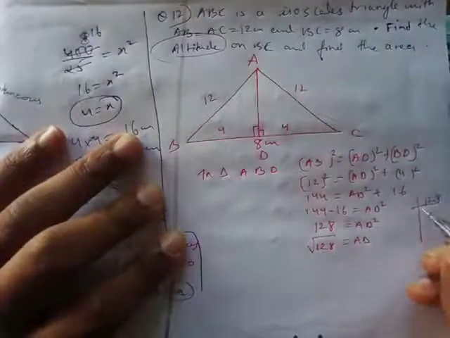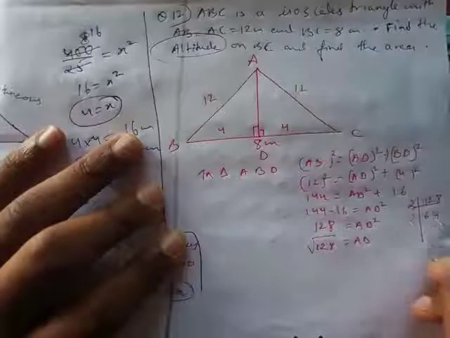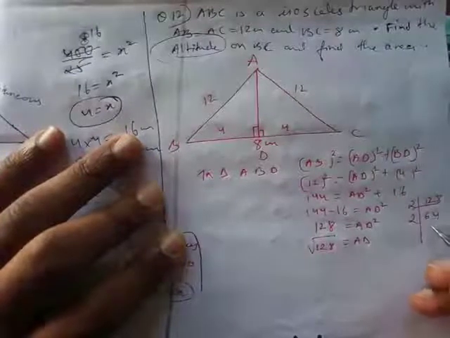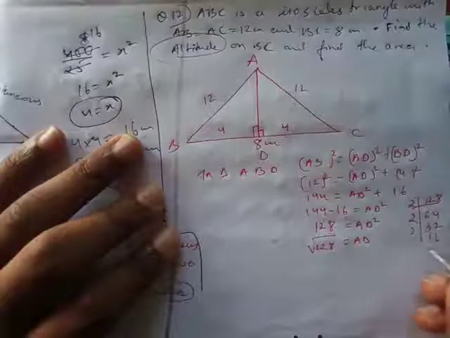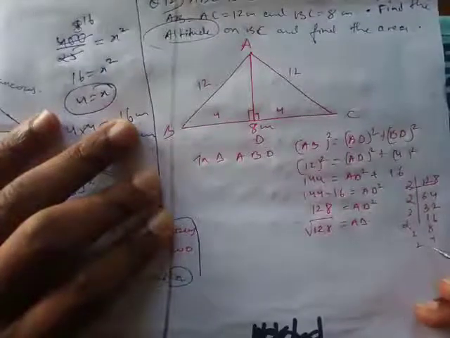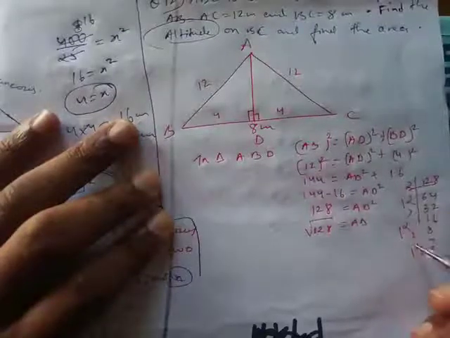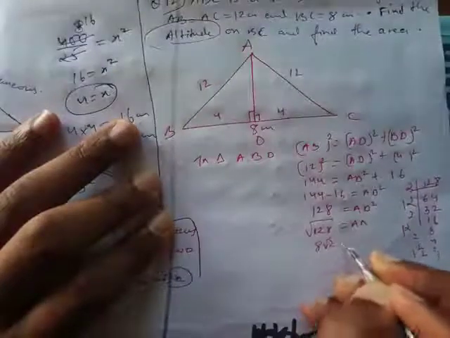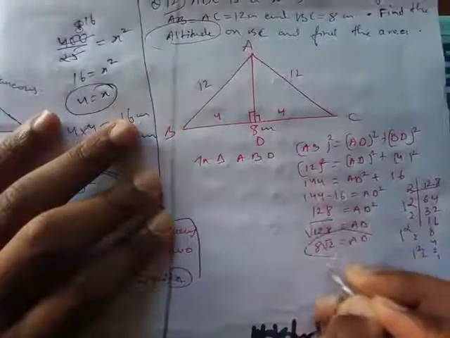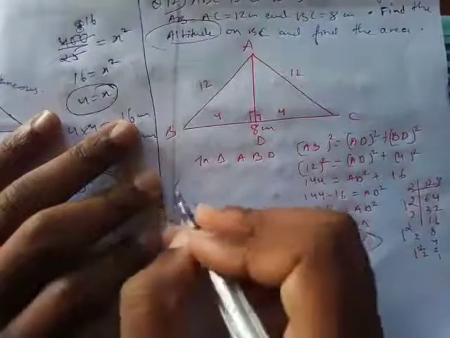You guys know that. 2 6 are 2 4s are 2 3 2s are 2 16 2 8 2 4s are 2 2s are 2 1s are. So this can form a group. So 2 2 2, that is 8 root 2 equals to AD. So AD is 8 root 2, but I have to find the area.